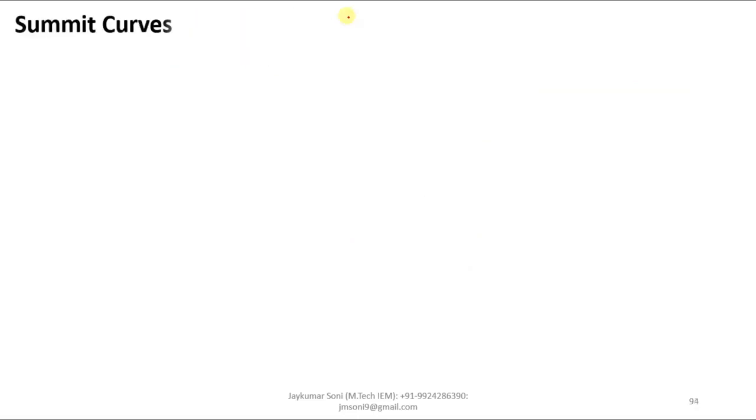Now let us learn in detail about the summit curves. The grades may be observed like this. This is the road and then this is the road. This gradient is the N1 gradient, this is the N2 gradient.